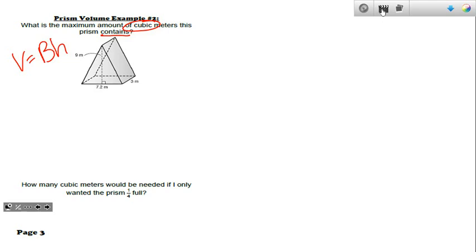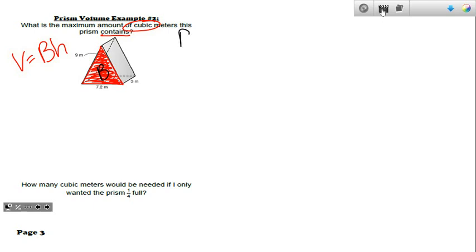We all know that this figure right here is a triangular prism, which means the triangle is your base. Shade it in. Use those colors. Label it big B. Cool?